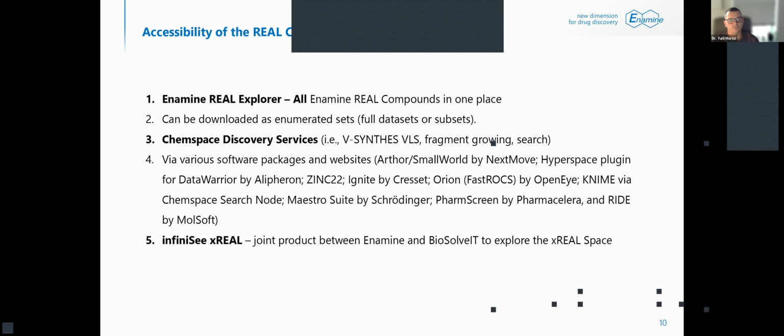They can be accessed through our partners from ChemSpace, and you can find Enamine REAL compounds through numerous services and software tools, databases like ZINC, like Hyperspace, and others.